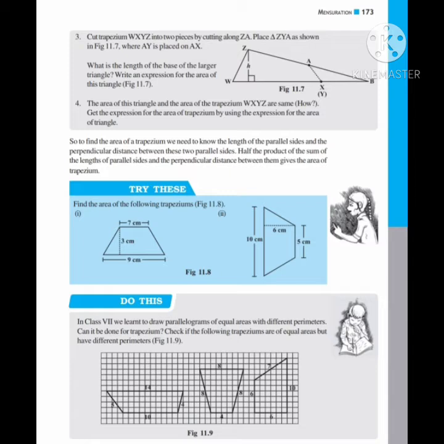So it is the same thing. If you compare both the formula, you will find out it is the same thing, half into sum of parallel sides into height. So this is the proof of the formula of area of trapezium. Now in this try these, you have to find area of these two trapeziums.